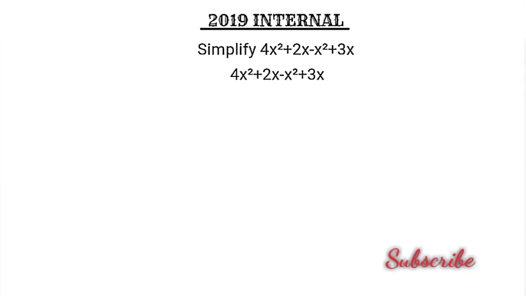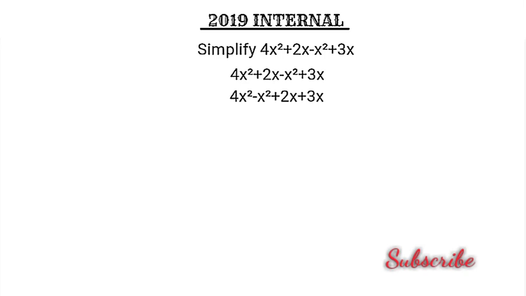Then I'll take it that you paused and you tried to simplify, or you simplified it correctly. What we need to do here is put like terms together. So I'm going to write 4x squared, then look at the other terms, searching for a term that has x squared. We have minus x squared there, then plus 2x, then plus 3x at the end.